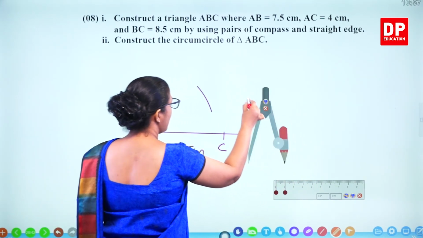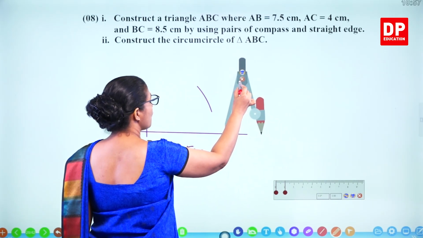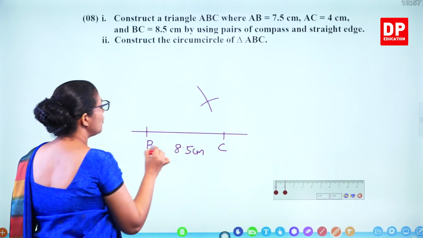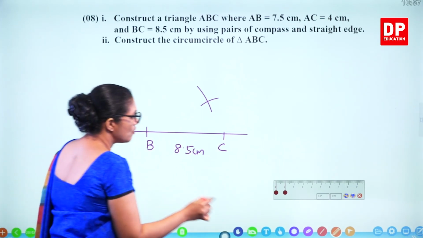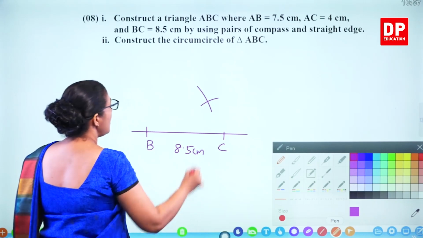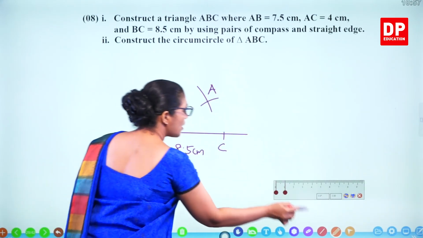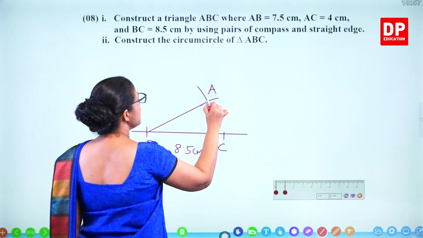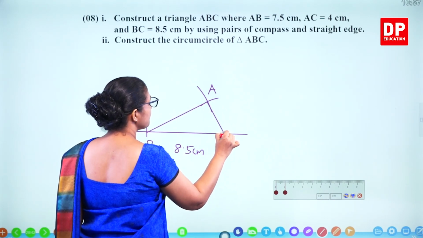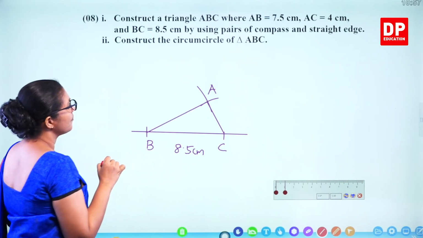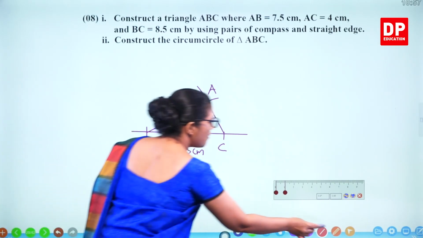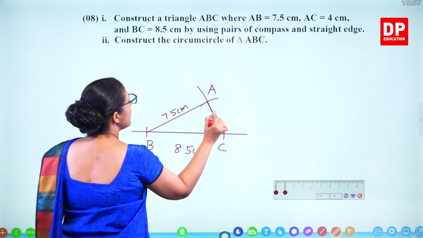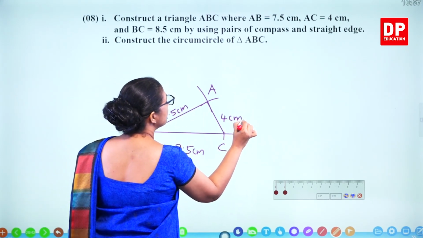Now we can draw the other arc. Keep on top of C and mark 4 centimeters. So that point is A. Now connect the points and complete triangle ABC. So we'll write down the lengths. This is 7.5 and this is 4 centimeters.